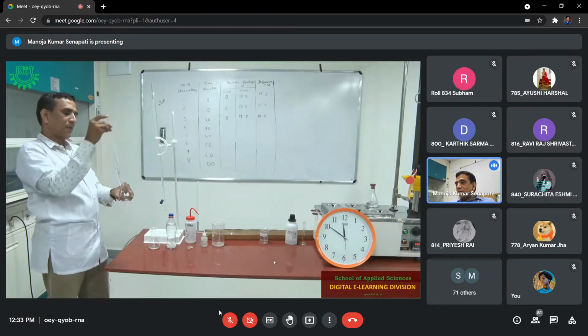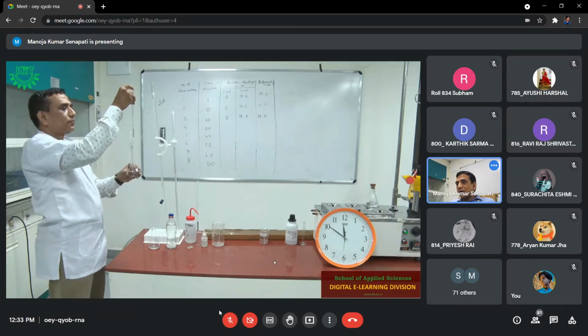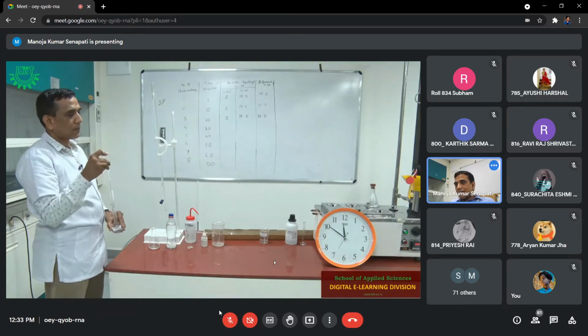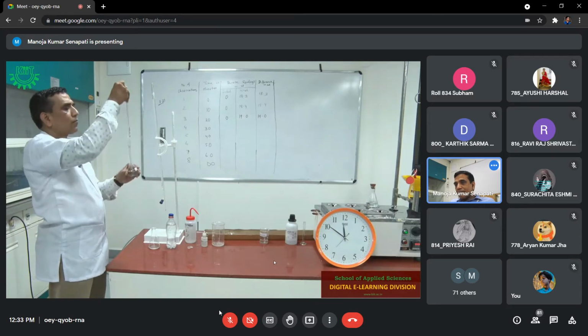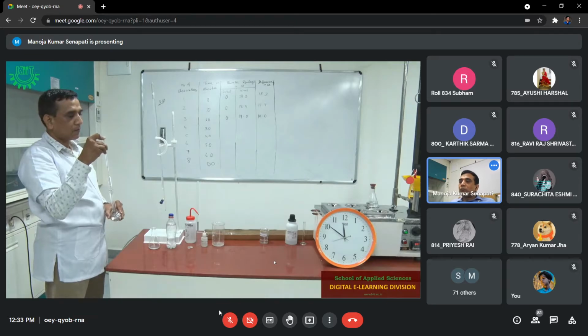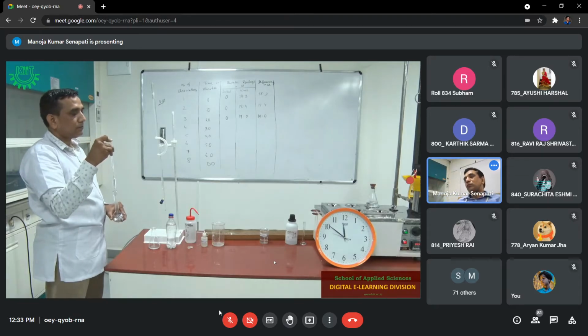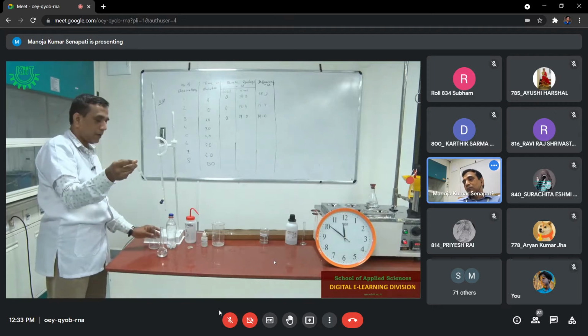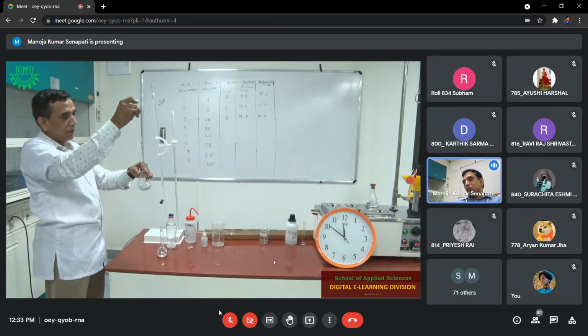So now it is going to be 11:51 and we have taken out 10 ml of reaction mixture. Add to your conical flask.